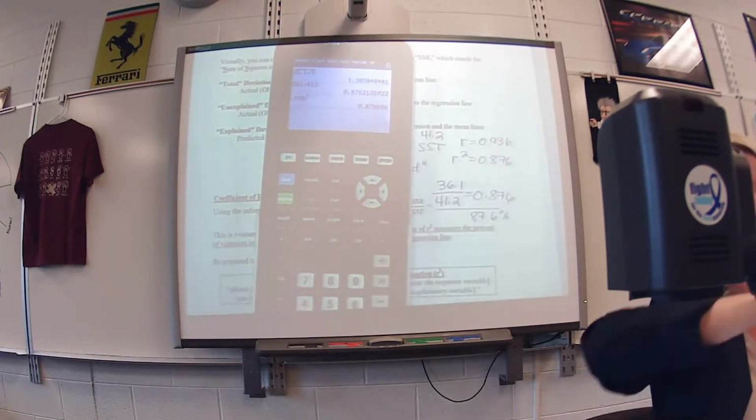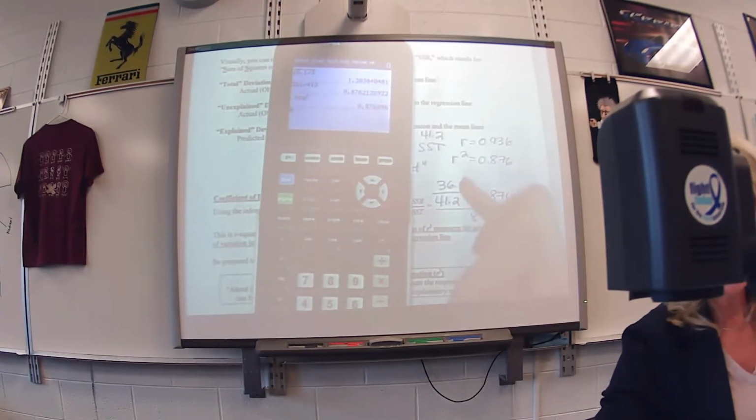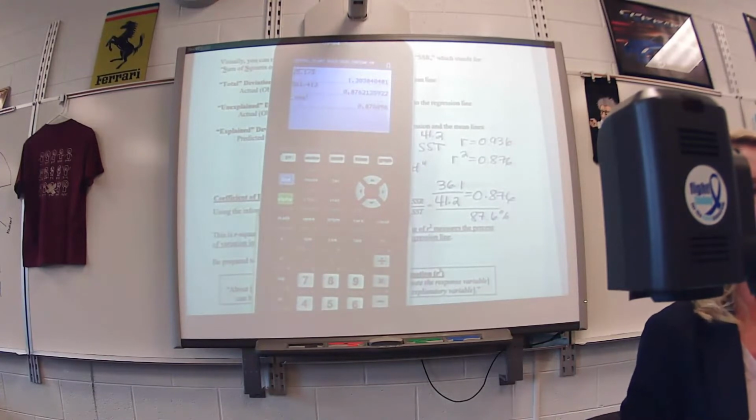The R is describing the strength of the linear relationship, and the R squared is describing the proportion of variation that we can accept as explained because of the variation and the relationship between the two variables. Okay, it's very subtle, but the R describes the strength of the relationship. The R squared describes the variation when you're using the line to make predictions.